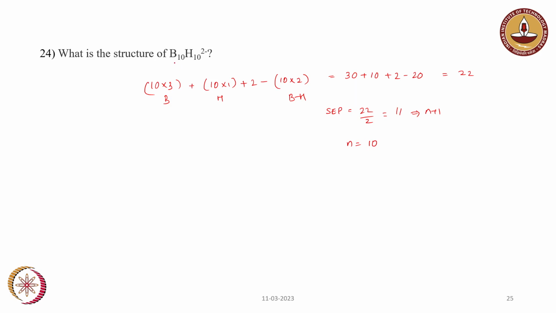We are given B10H10, so it is a closo structure. So n equal to 10 for closo, the structure is bicapped square antiprismatic.